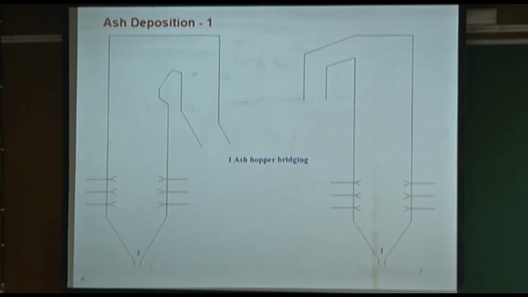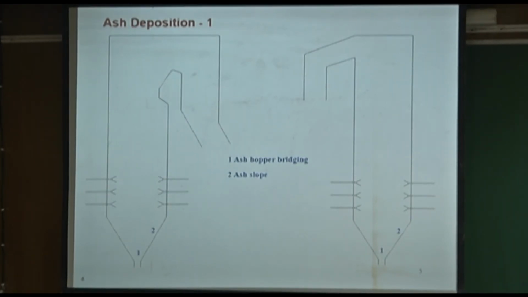So this is where the bottom ash should come down if everything goes to plan. But not everything does go to plan, and therefore this is where the ash hopper, the bottom ash hopper, can breach, and the ash can form in here. So that's number one location where a problem can happen.